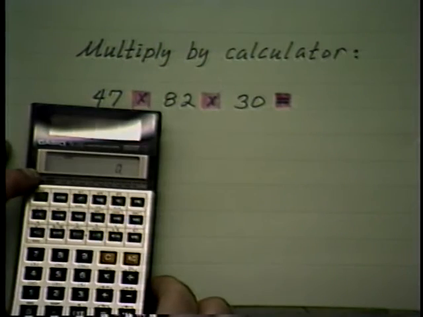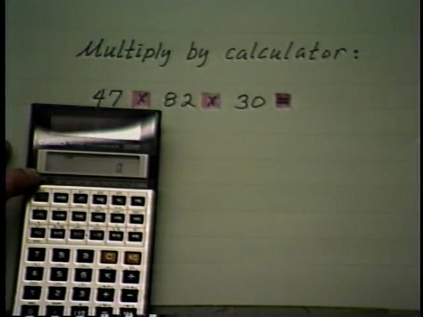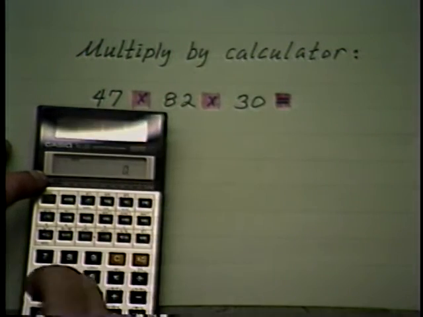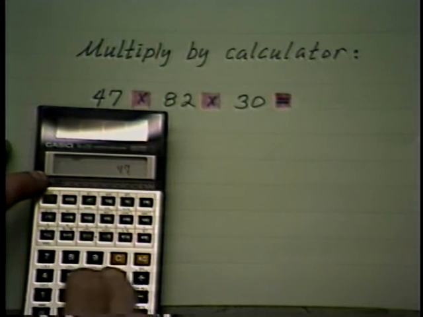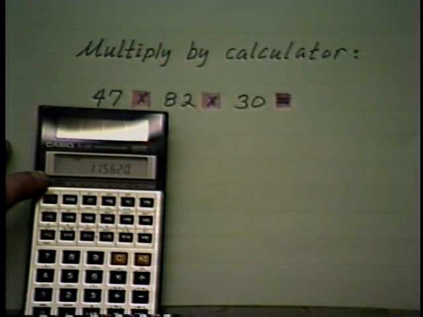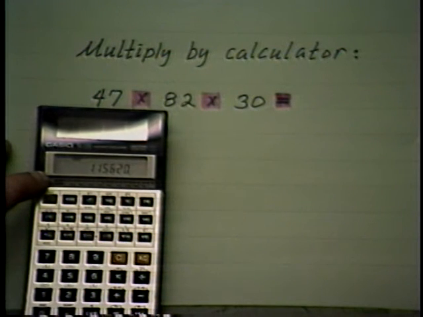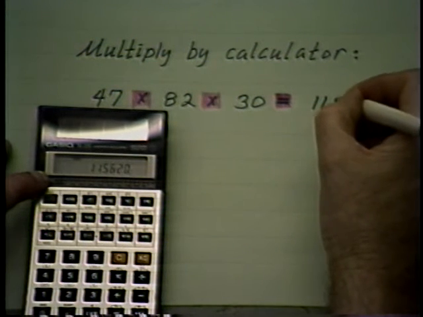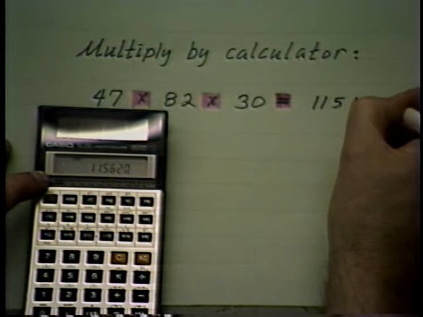So on our calculator, we simply punch those as buttons. 47 times 82 times 30 equals. And our answer, a very involved one, 115620.